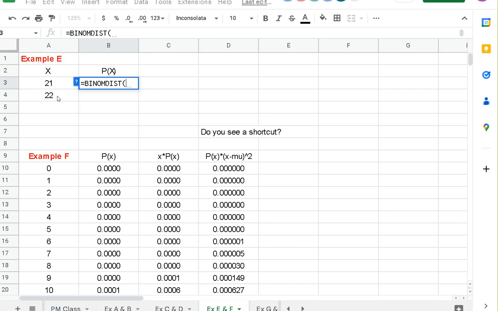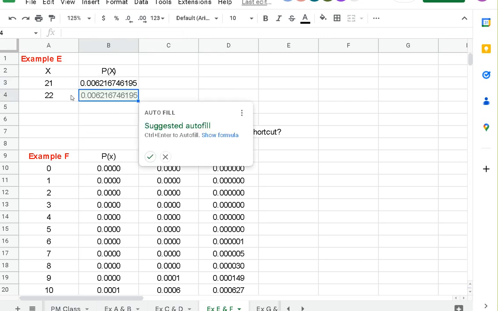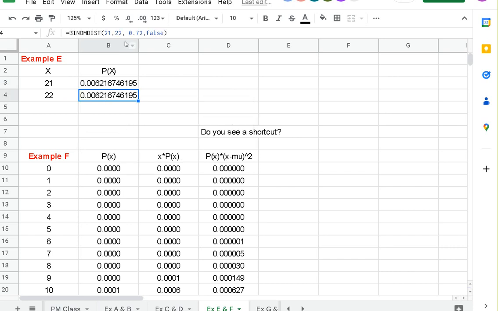You can just type in 21, 22, then the probability, 0.72, and then false. It's asking if I want to repeat it. Sure, but I need to change that 21 to a 22.